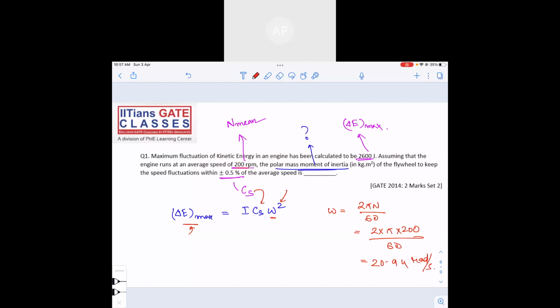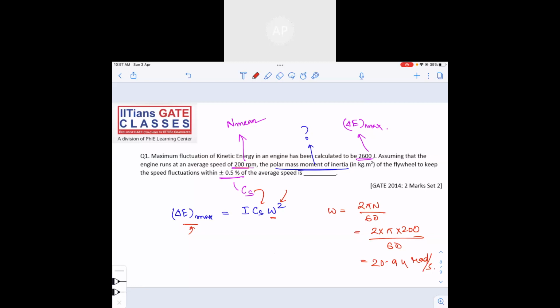Fantastic. So what is the value of Cs? Plus minus 0.5%. If it is plus minus 0.5%, what I'm going to use is 2 into 0.5 by 100. The important thing I'll tell you is what is percentage.